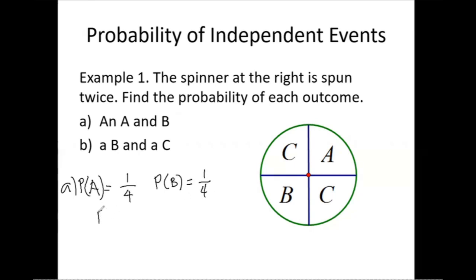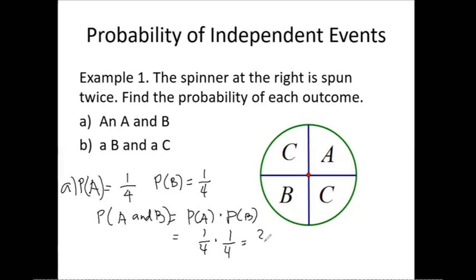Kapag kailangan natin yung probability of event A and event B for independent, we have proba of A times proba of B, or we have 1 out of 4 times 1 out of 4, which is 1/16.